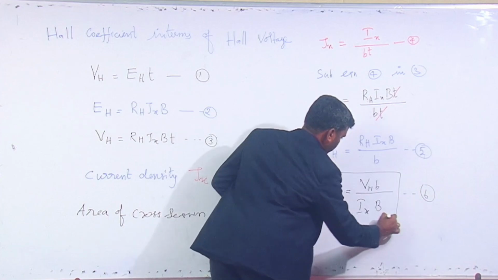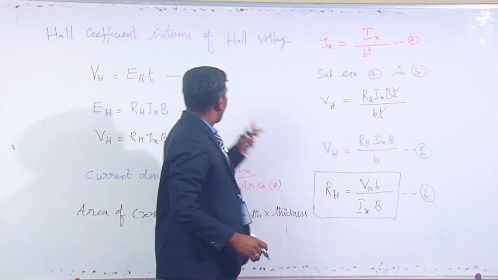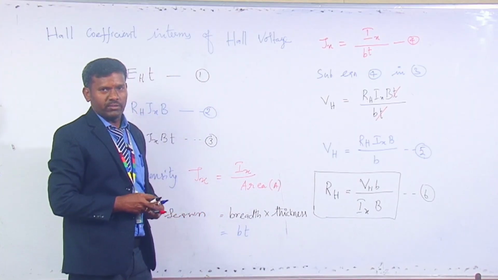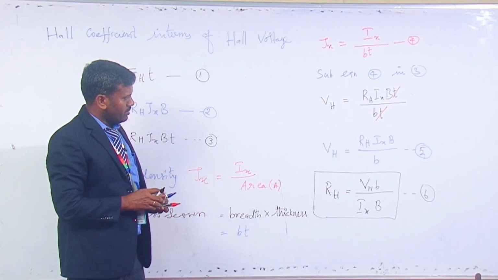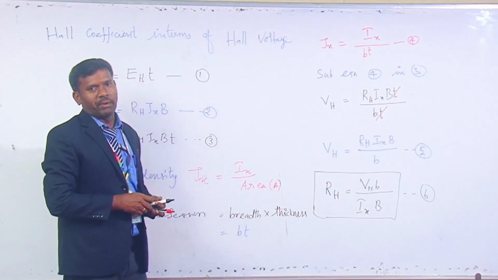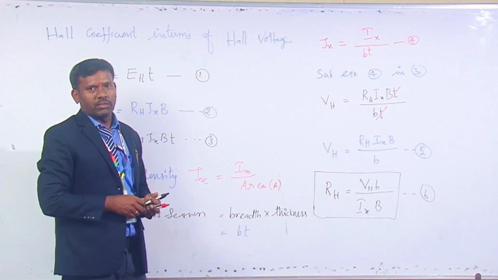The equation 6 represents Hall coefficient in terms of Hall voltage. The next one is determination of Hall coefficient by experimental method.